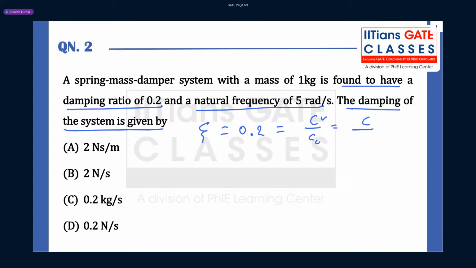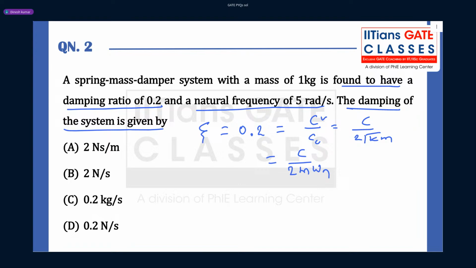Cc is usually 2 under root km, or 2m omega n. So this is also written as C by 2m omega n.